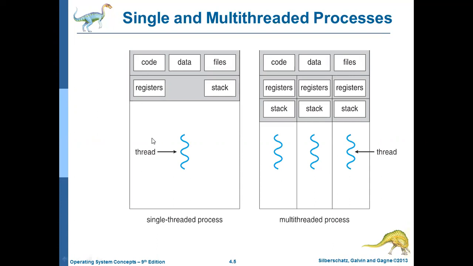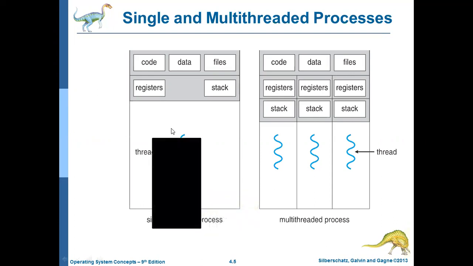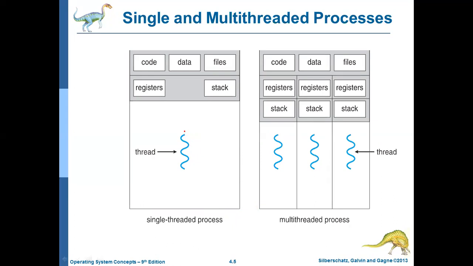If you look at the first diagram, the single-threaded process, we have a single thread of control, and the single thread of control has its own code, data, files, stack, and registers. So in this process, we have only one thread of control, hence it is stated as a single threaded process.